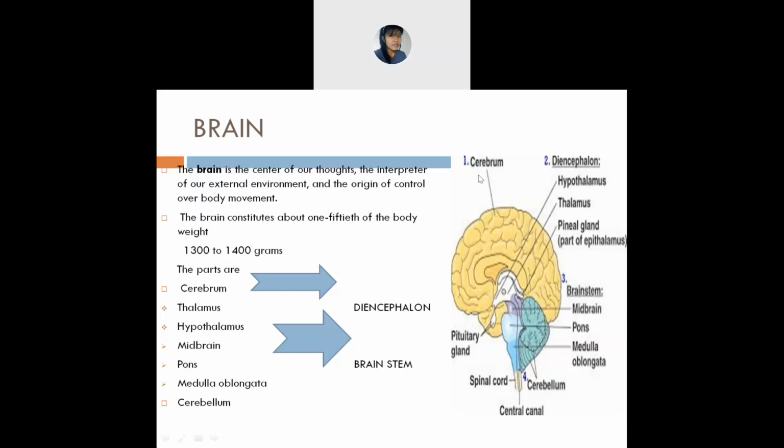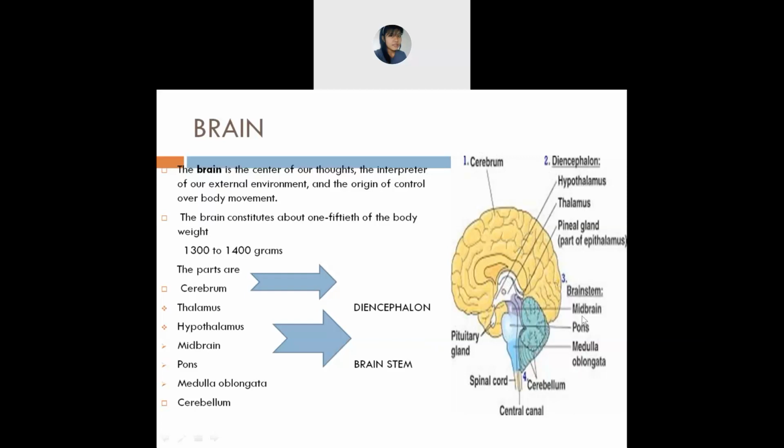Let us discuss the parts. The first part is the cerebrum. The second part is the diencephalon. In the diencephalon, you will find the hypothalamus and the thalamus.